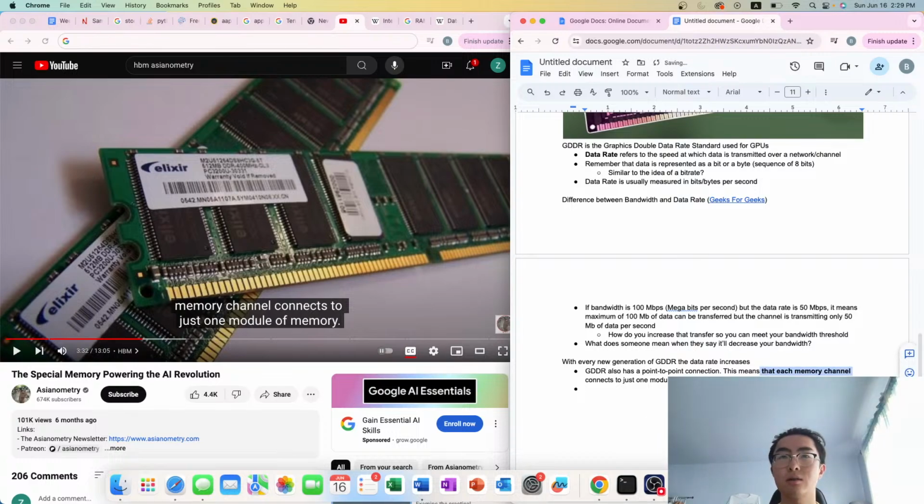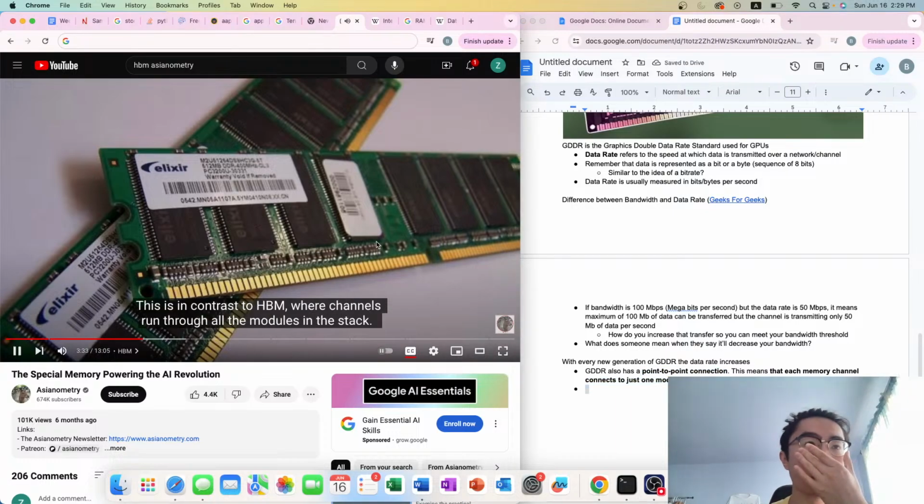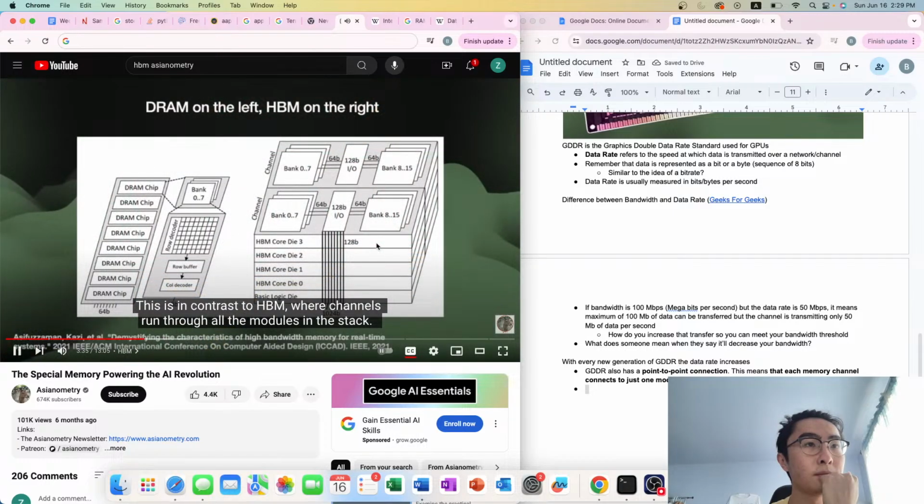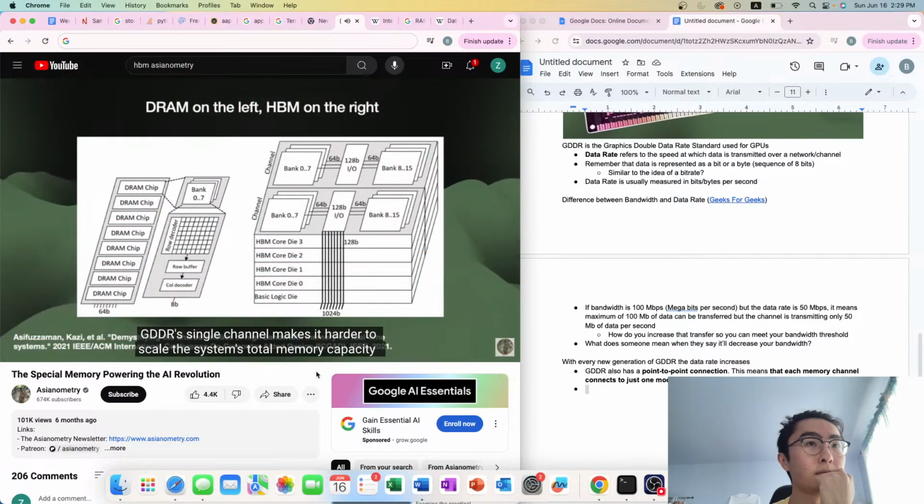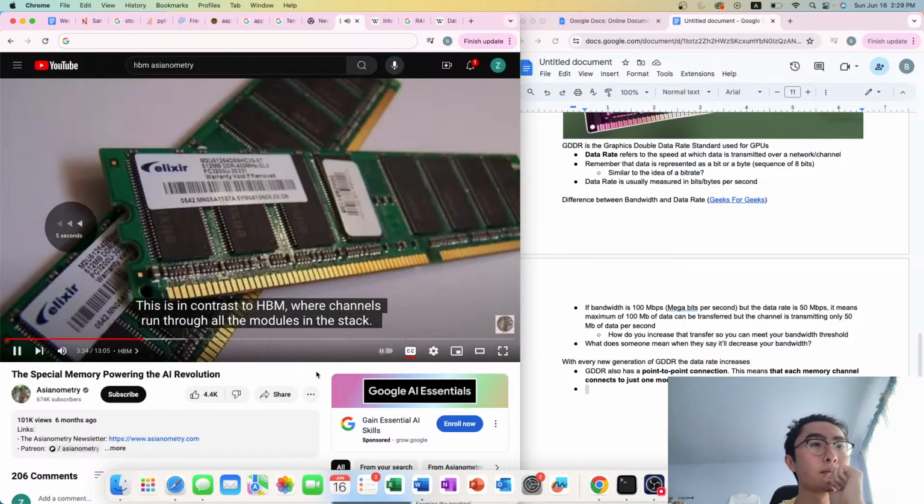Each memory channel. This is in contrast to HBM, where channels run through all the modules in the stack. GDDR's single channel makes it harder to scale the system's total memory capacity, compared to HBM, where it's just one module of memory.